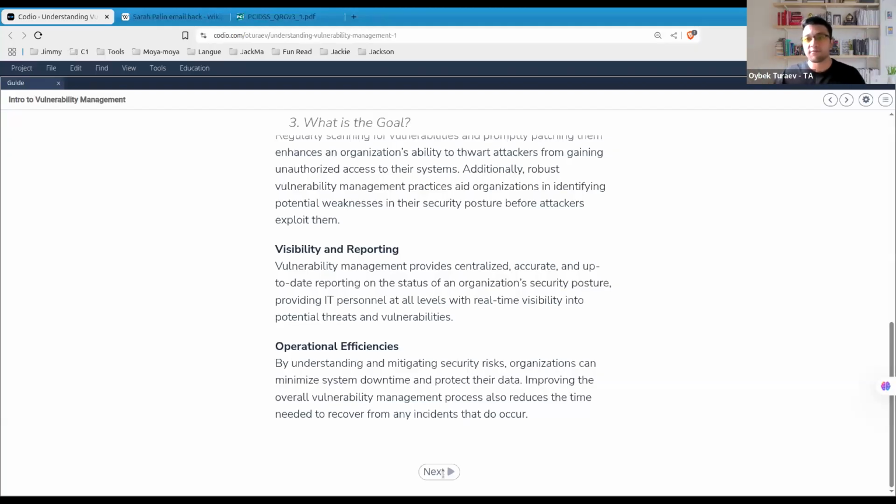For example, among them 5 are critical, 3 non-critical, medium. So it gives them an idea of how secure our organization is, or what kind of actions they should take if the situation in the organization is too serious or dangerous. So that's another key idea of vulnerability management: providing visibility and reporting.